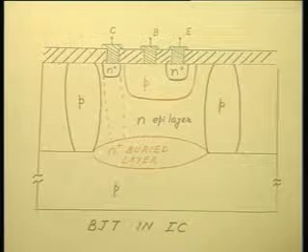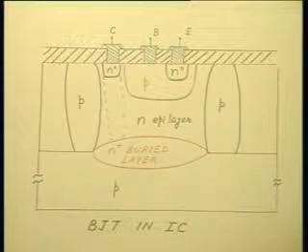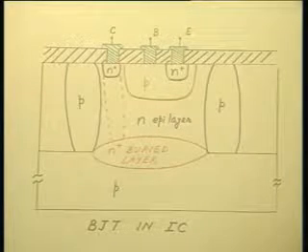So, this N plus buried layer can be formed by a diffusion process. Okay. It is N plus, therefore, I need either phosphorus or arsenic or antimony in order to realize this N plus buried layer. Now, the question is which one of these dopant materials will be particularly suitable for this N plus buried layer formation.